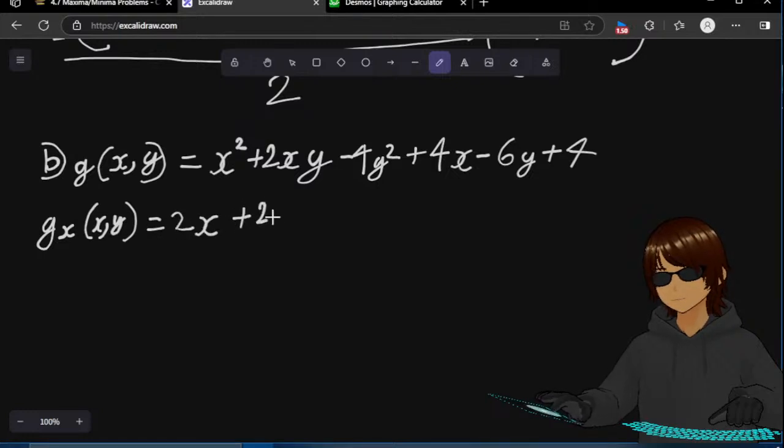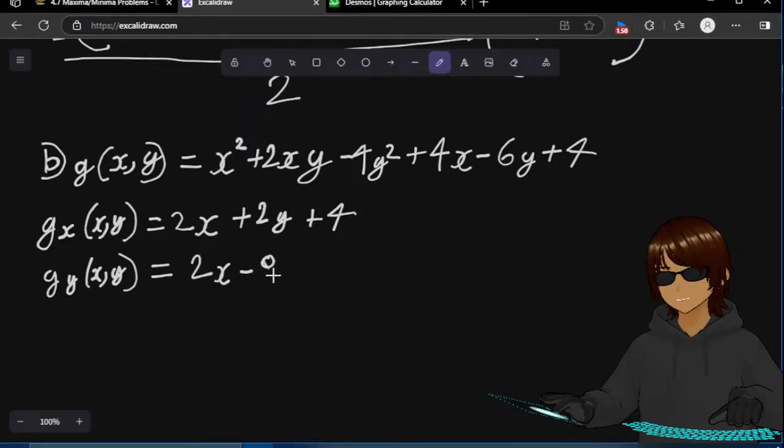In the x direction, the partial derivative is 2x plus 2y plus 4. And then in the y direction, we have 2x minus 8y minus 6.